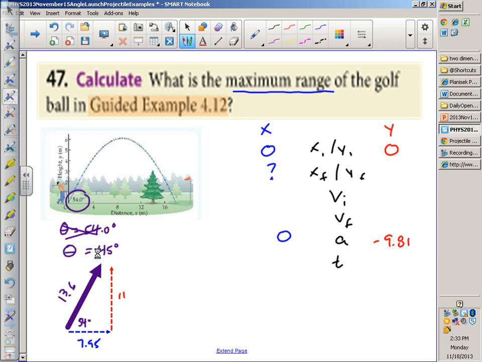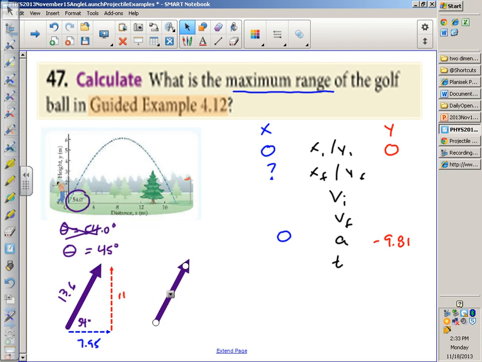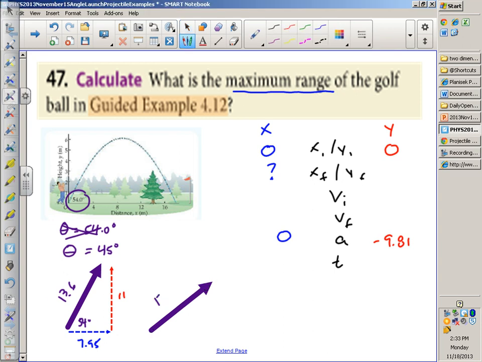But remember, that was when we had a 54-degree angle. We have to change this now. This is still going to be 13.6, but we need to take this angle and make it more like that. Okay? This is 13.6 still, but now we want to make this 45.